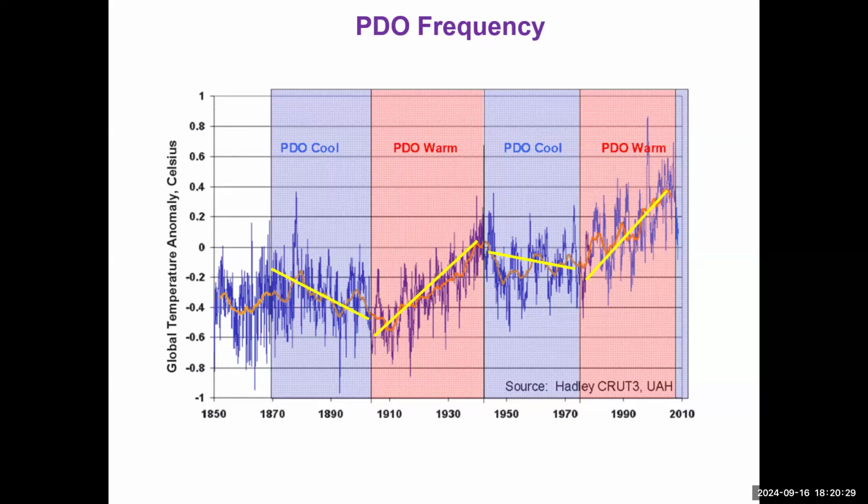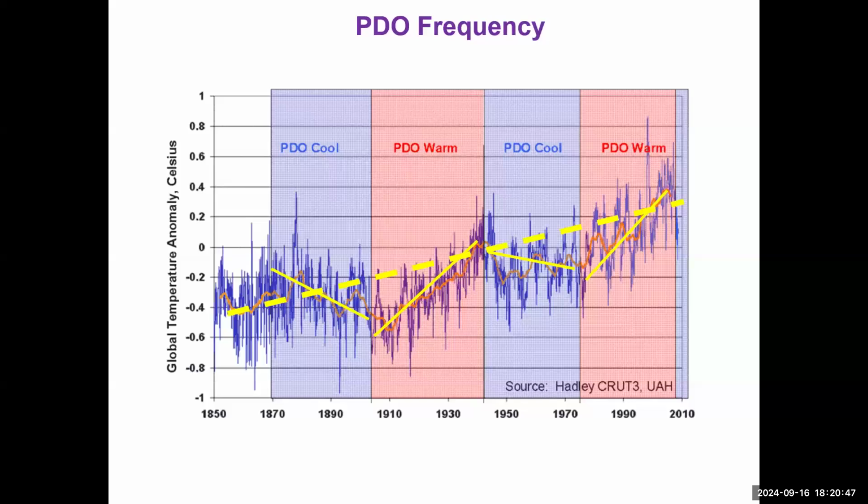However, the hashed yellow line is a trend line of the increase in both the cooler temperatures as well as the warmer temperatures since the recording of the phenomenon started.